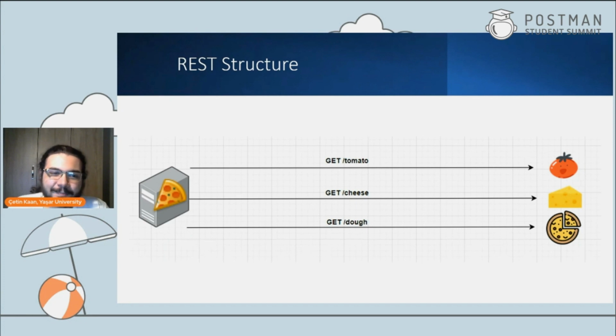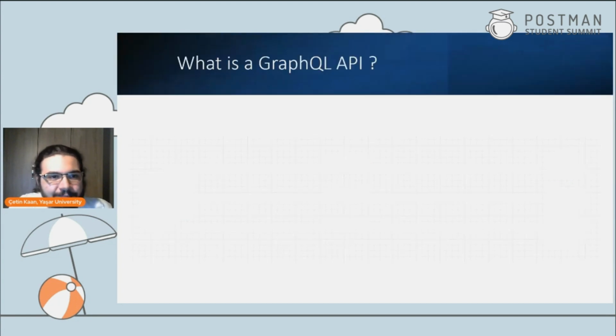And this pizza server contains elements inside a pizza, such as tomato, cheese, and dough. If we are using a REST API, we can do a GET request to specific endpoints such as /tomato, /cheese, and /dough to receive tomato, cheese, and dough, as you can see in this structure.